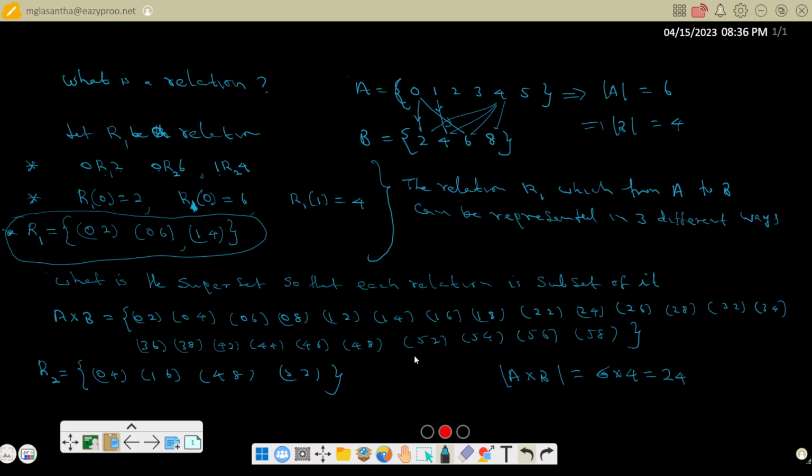That's right. Then there are 24 elements, or 24 members, in A cross B. Then how many relations are there, if you write down all the possible relations from A to B?